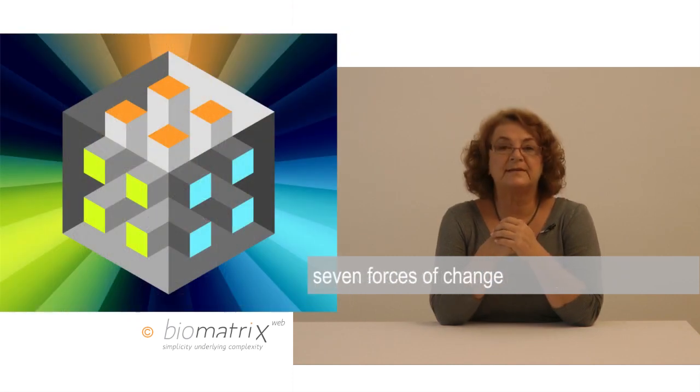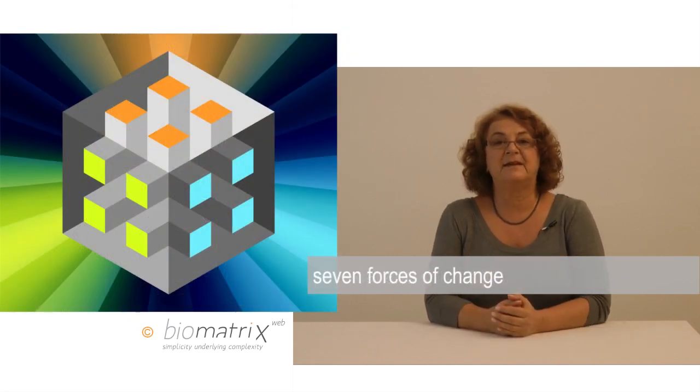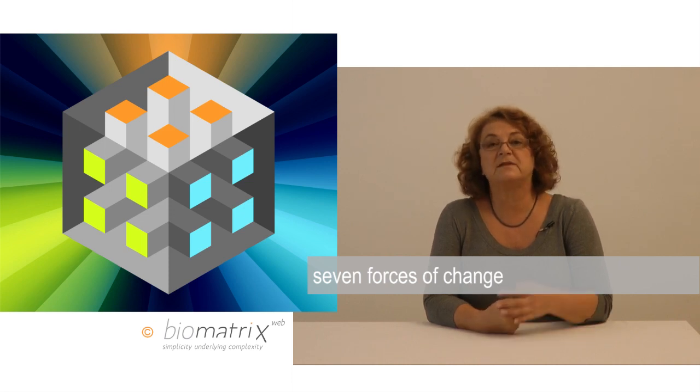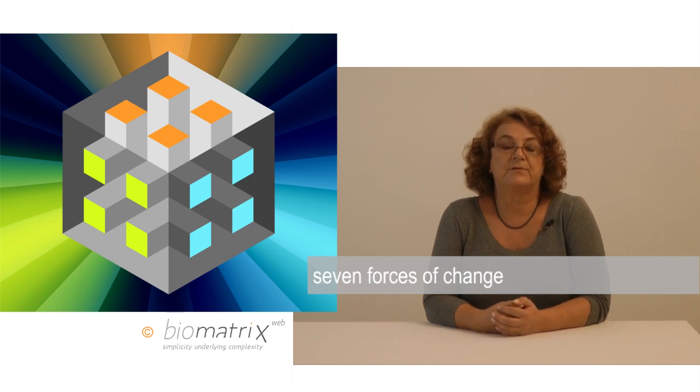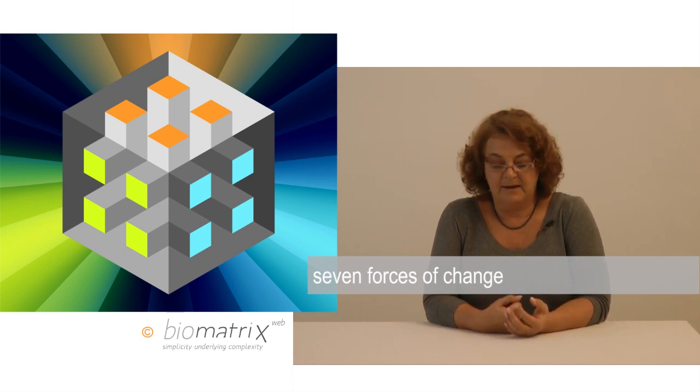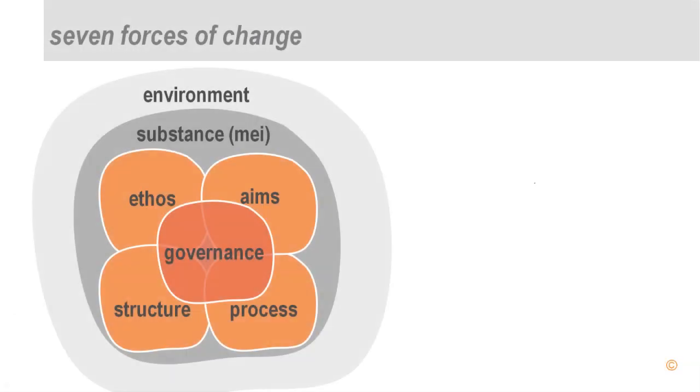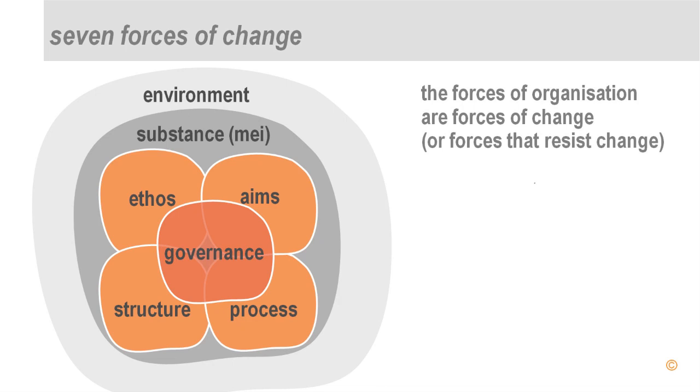We have previously learned about the 7 forces of organization. The whole module 3 was the detailed exploration of each of those forces of organization. And as the word force indicates, those forces of organization are actually forces of change. As we work with changing one of those forces, we are changing the system.